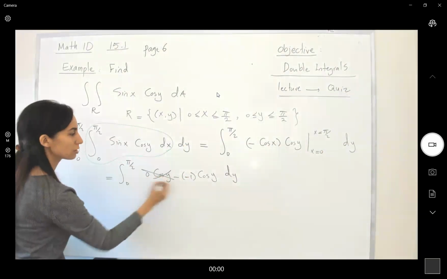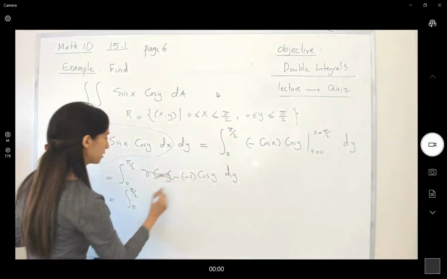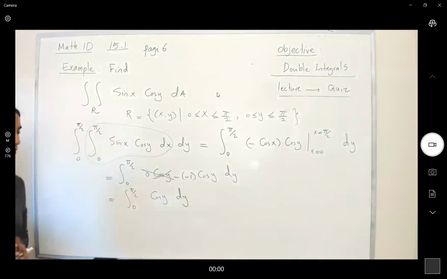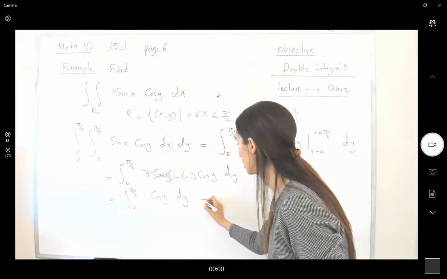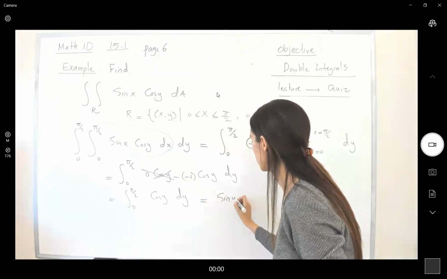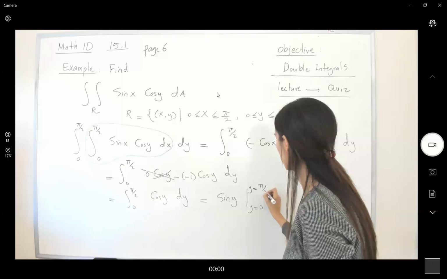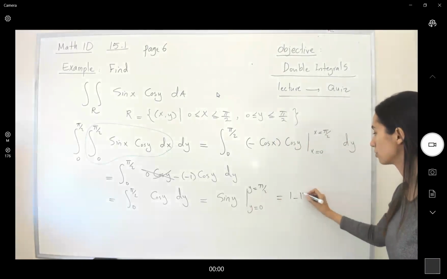So this is just 0, and this is the integral 0 to pi over 2 of cosine y dy. What's the integral of cosine y? The integral of cosine y is nothing but sine y. Y ranges between 0 to pi over 2. So sine of pi over 2 is 1. 1 minus 0, which is 1.